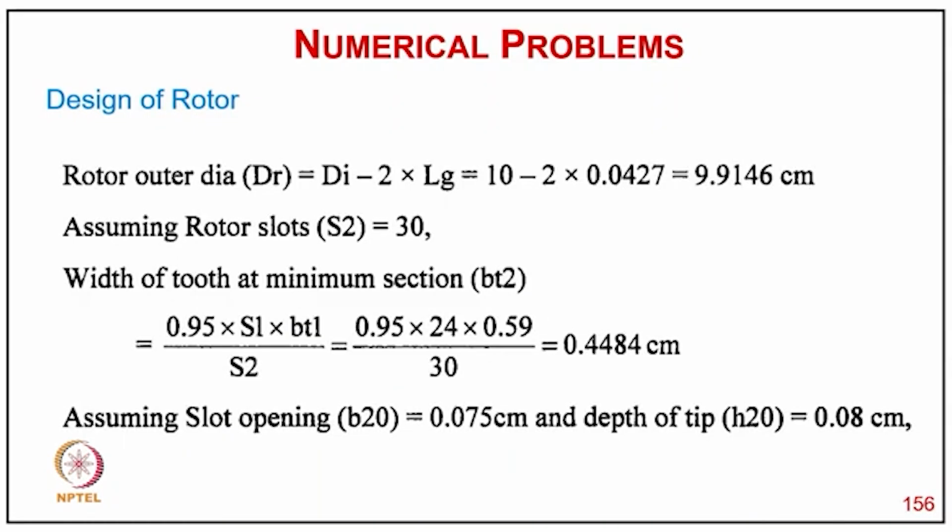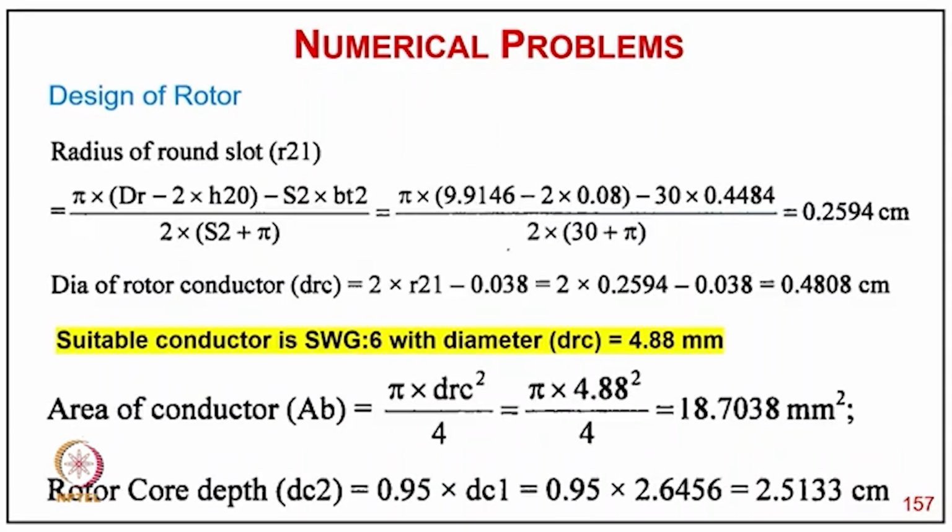So the rotor diameter, di minus 2 lg, comes to 9.9146 centimeter, and assuming 30 rotor slots, the width of the tooth at the section comes to 0.4484 centimeter. Assuming a slot opening of 0.075 centimeter and a depth of the tip of 0.08 centimeter, the radius of the round slot, by this formula, comes to 0.2594, and the diameter of the rotor conductor, putting the values in this formula, comes to 0.4808 centimeter.